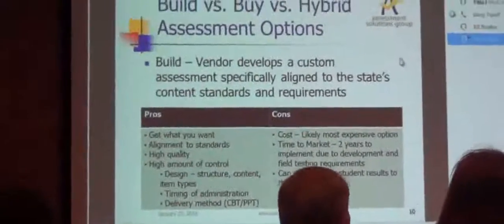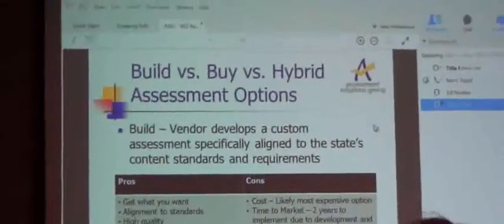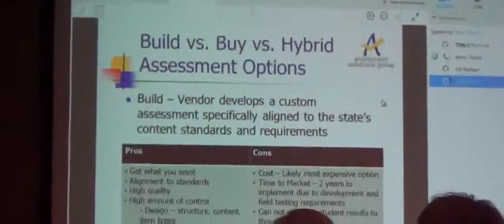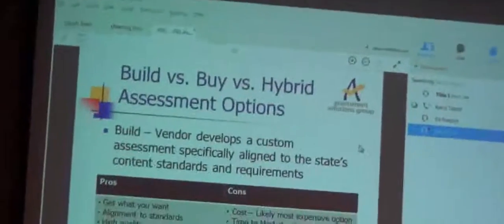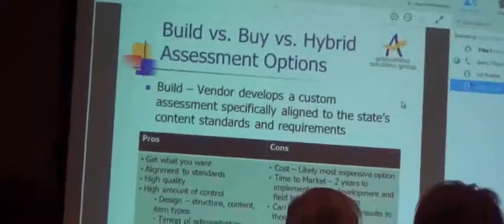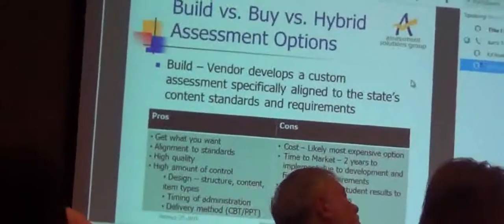And so in that case, yes, you can get a cheaper assessment. I'm not aware of any states that do this for the general assessment, but there are some states that might build their own alternate assessment with their own staff. So yes, if you're using non-vendor resources to build an assessment, it can be inexpensive, but it comes with a whole host of other problems.